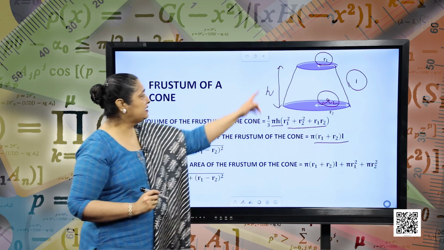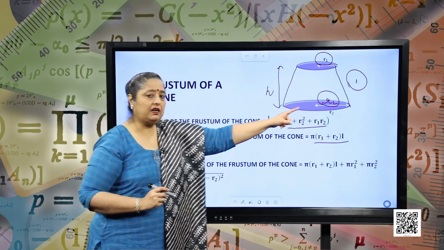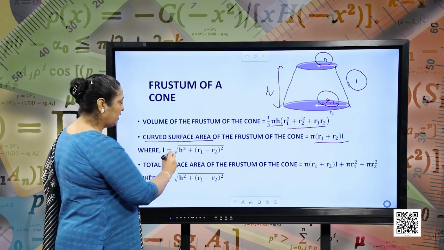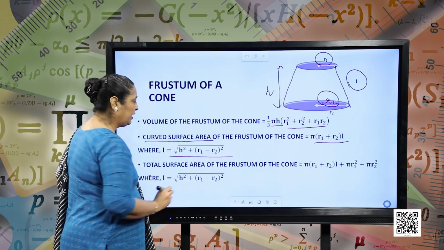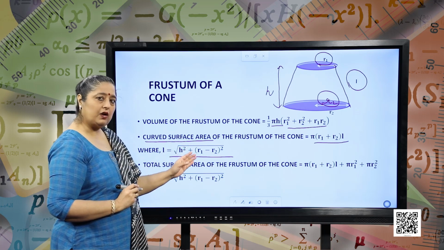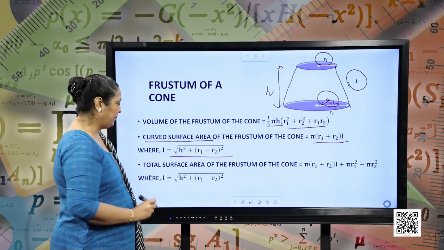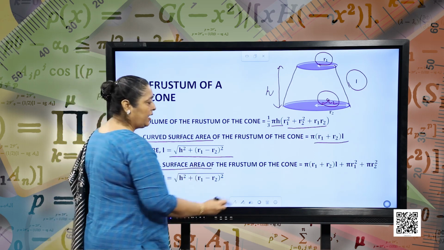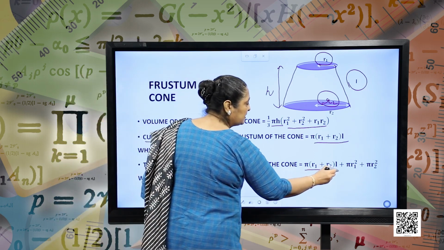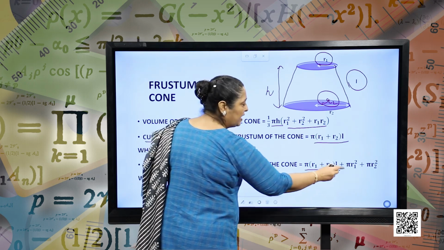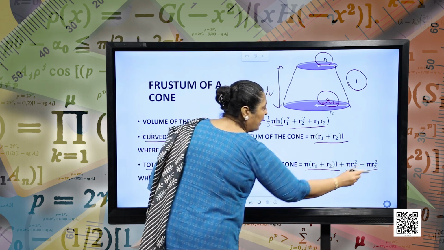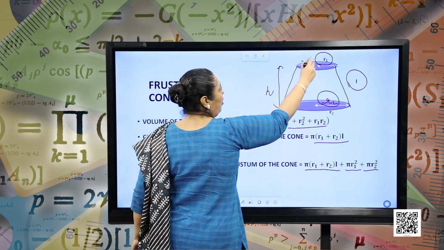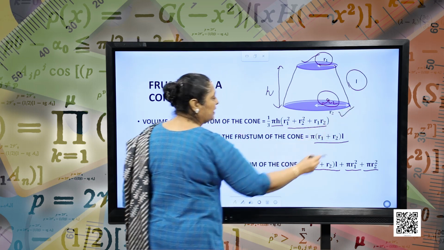What is L? L is the slant height of the frustum of the cone, where the formula of L is under root of h square plus (r1 minus r2) whole square. Similarly, the total surface area of the frustum can be given as pi (r1 plus r2) into L plus pi r1 square plus pi r2 square. r1 is the smaller radius, r2 is the bigger radius.